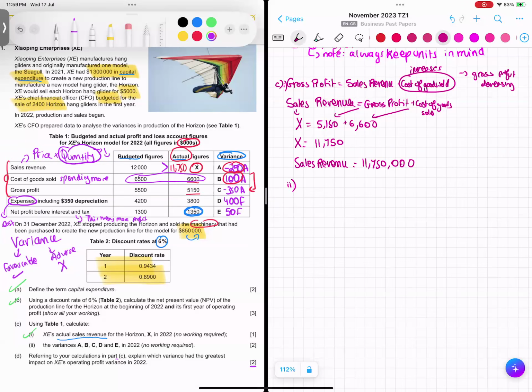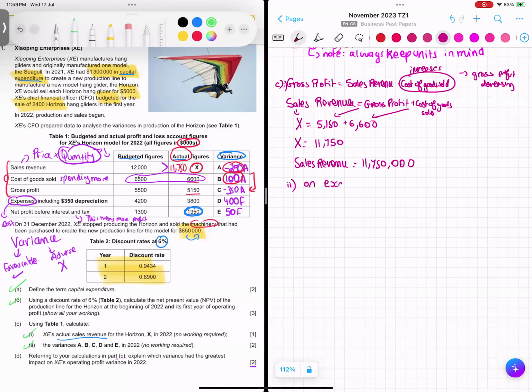This is because actually the expenses were less. So once the expenses shrunk, the net profit before interest and tax increases. Don't mind the small thing I said. Okay, so this is it basically. So just keep in mind the lesson I just reviewed right now. We can just write this on paper or on the exam, whatever.